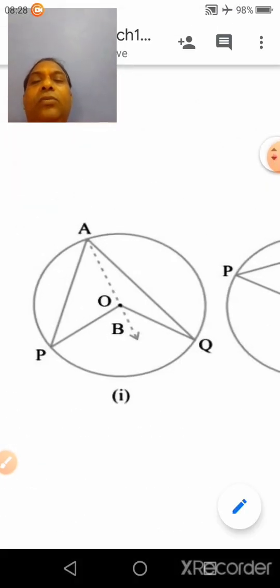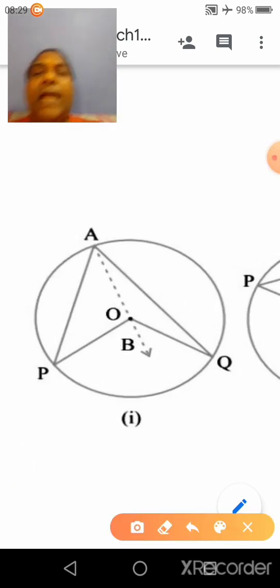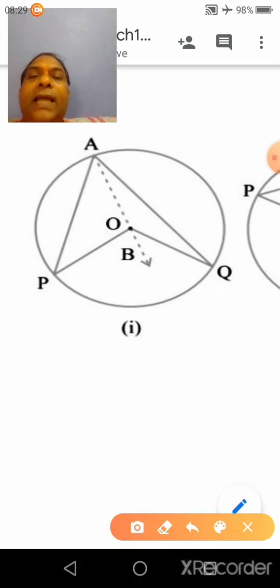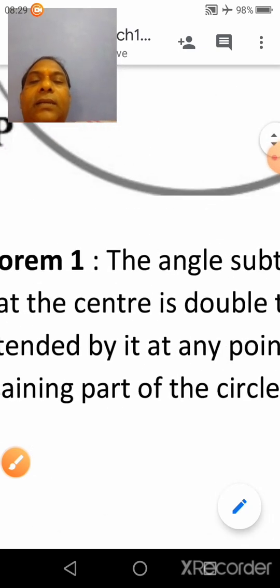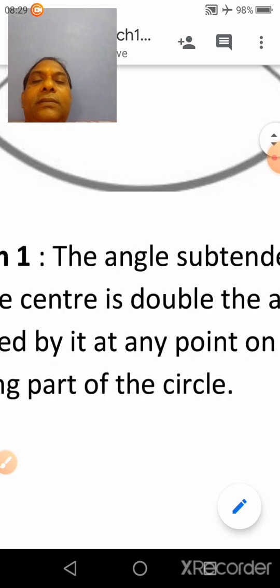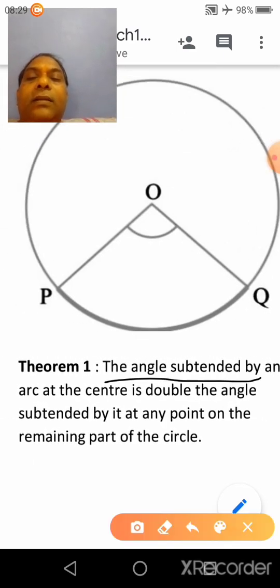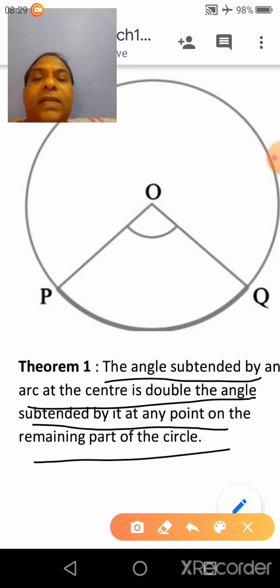According to this theorem, see the first figure: the angle subtended by an arc at the center is double the angle subtended by it at any point on the remaining part of the circle. Clear?